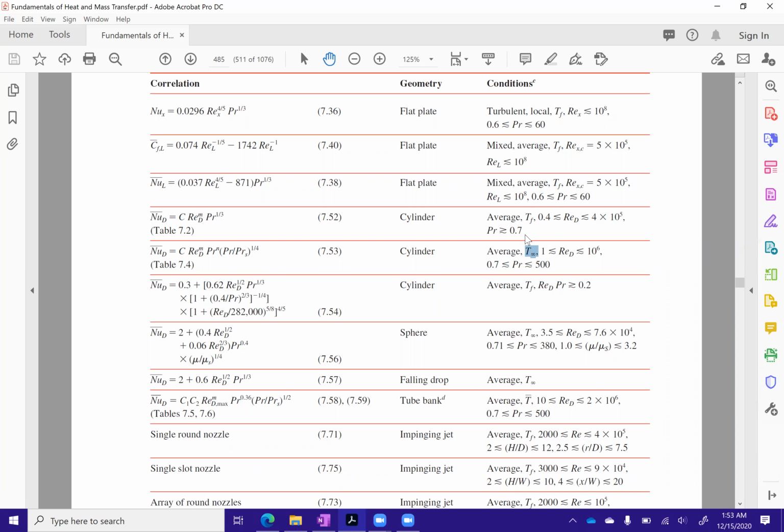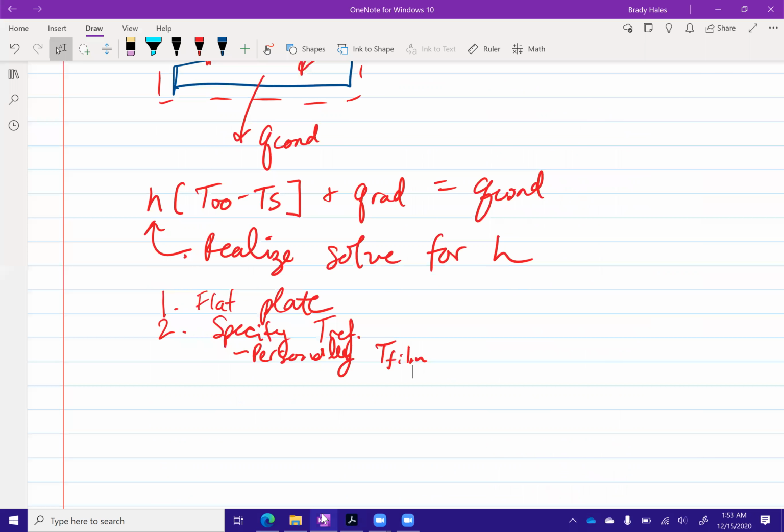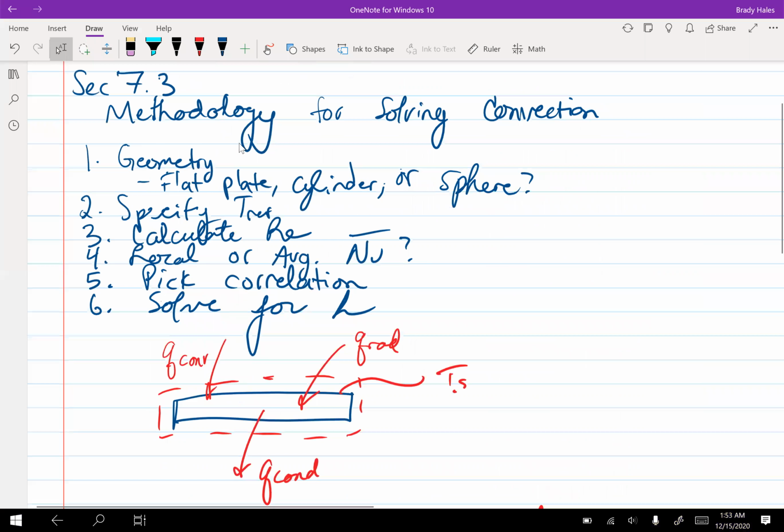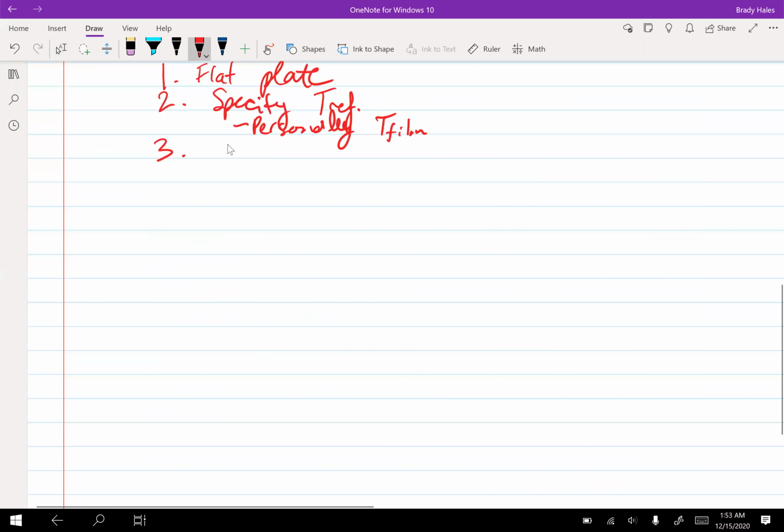But what happens is you can end up refining the model, right? So you start with T film, for example. Then you calculate the Reynolds number at T film.